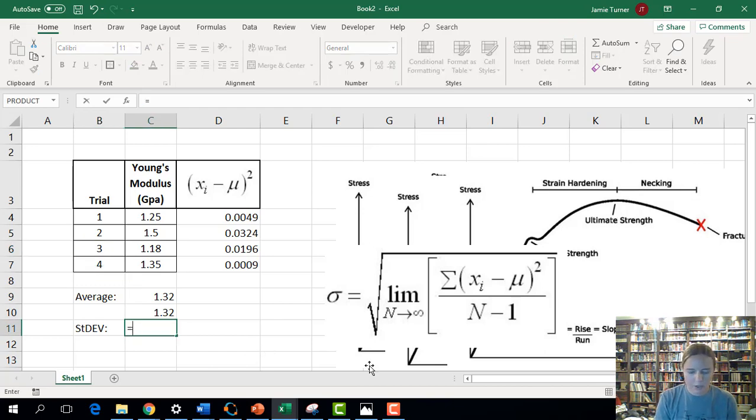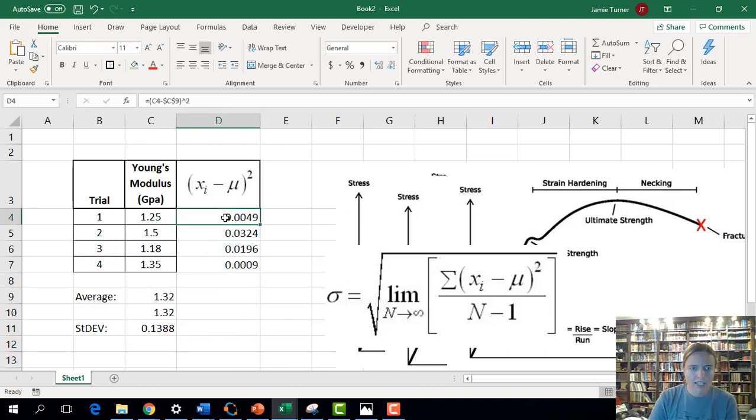So here we go, equals square root of the sum of all of these little differences, and that's going to be divided by n minus 1. And there we go. Let me just check this again. Yep, that's squared. So standard deviation 0.1388.